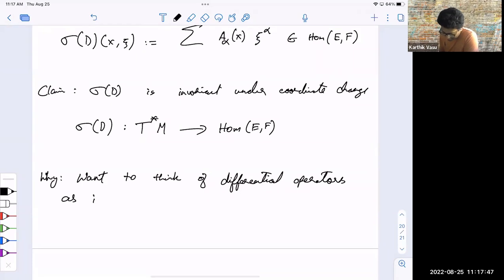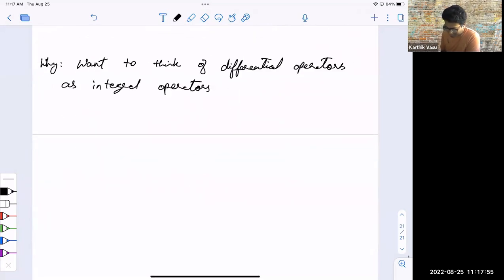What I mean by that is, as I said, the Fourier transform changes differentiation into just polynomial multiplication.